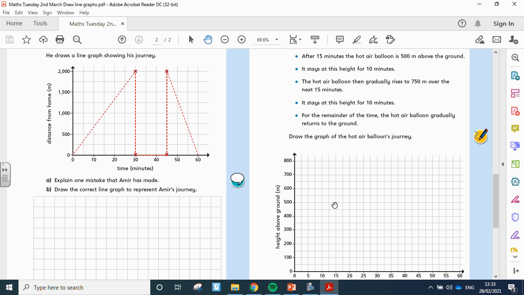Okay. Stays at the same height for 10 minutes. So we're going to draw a flat line for 10 minutes going along at 500. It rises to 750 over the next 15 minutes. So you need to get up to 750 over the next 15 minutes. So about here. And then so on. Okay, so see what you can do on that one.